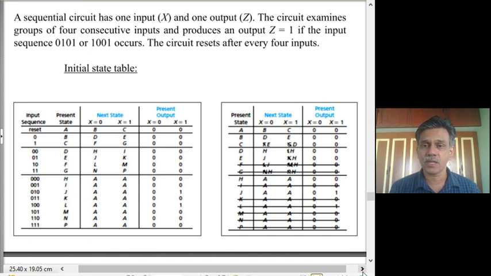Having got such a table which may have redundant states, we will relook at the state table and see whether equivalent states can be discovered and whether they can be removed.